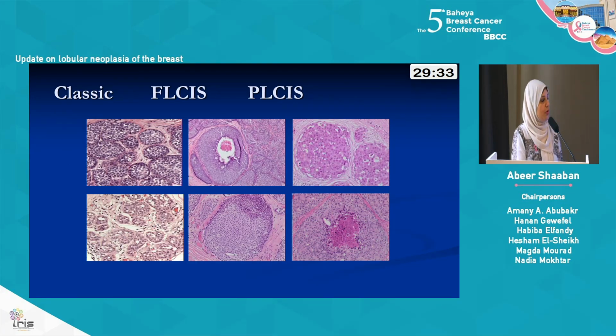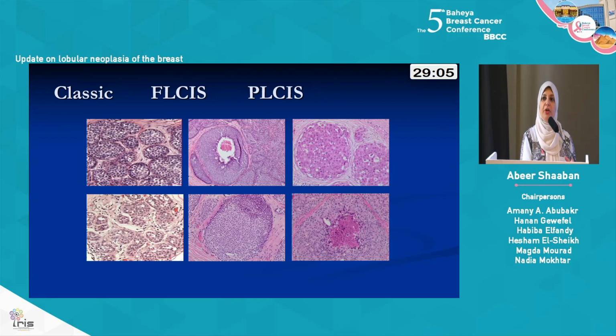So just to summarize before we start, classical LCIS, the standard that we know, is expansion of the terminal duct lobular units by the characteristic discohesive lobular cells. Some of them can have very scanty cytoplasm, and some can have more cytoplasm, but the main feature is the discohesion.